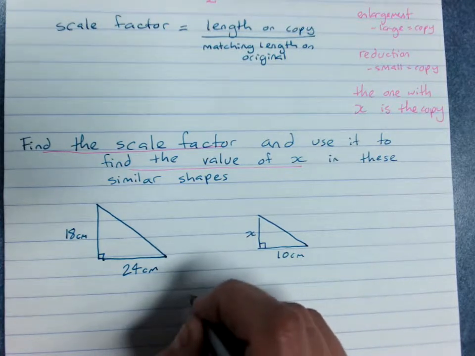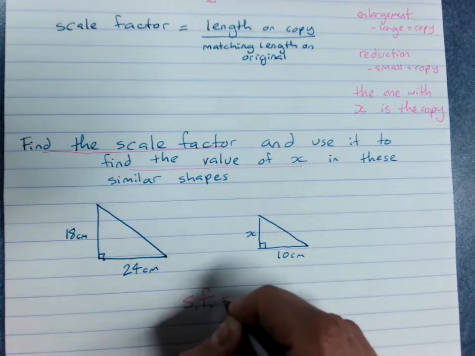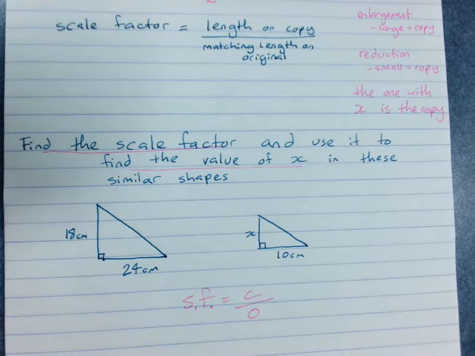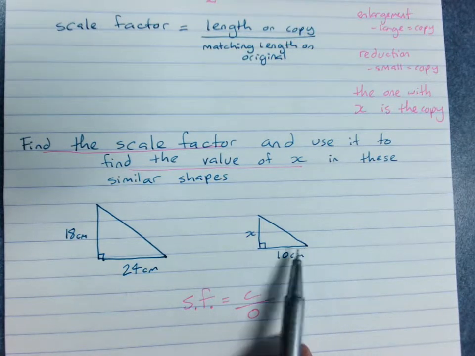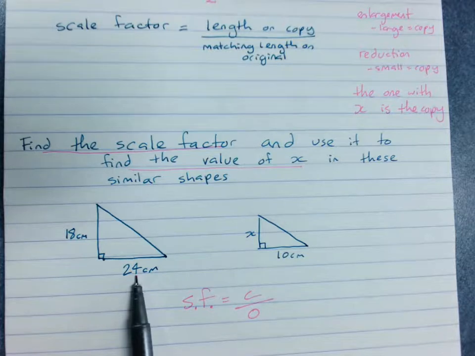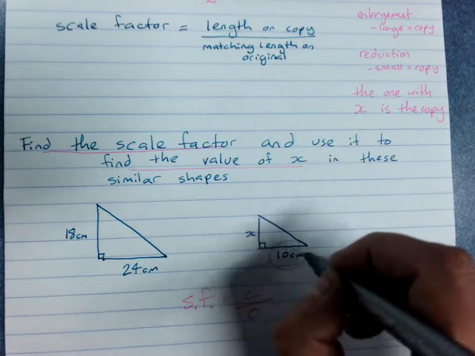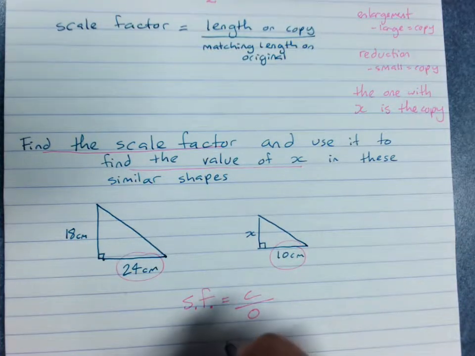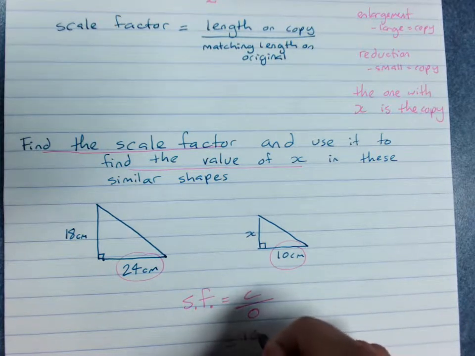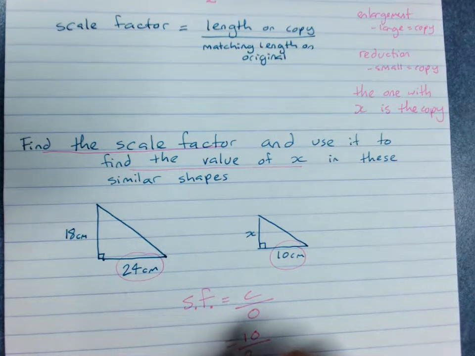So our scale factor is copy over original. We've got a matching pair of sides, 10 centimetres and 24 centimetres. So it's the length on the copy divided by the matching length on the original.